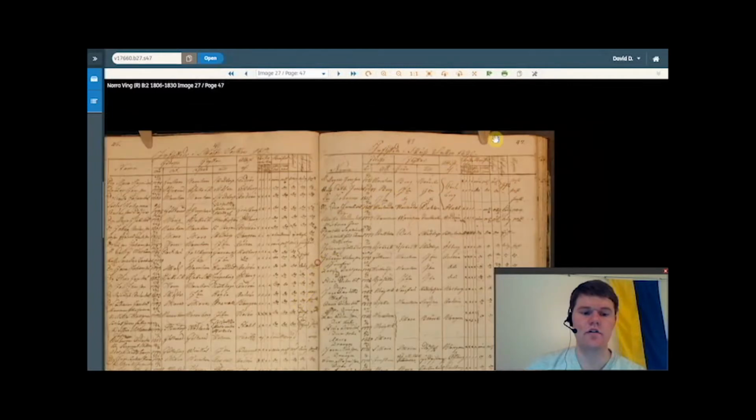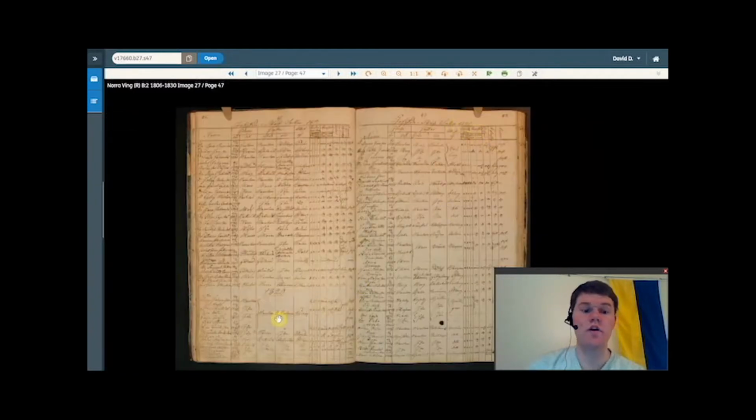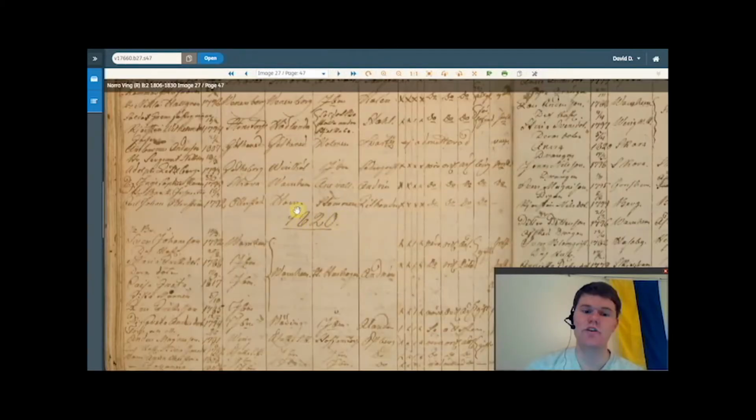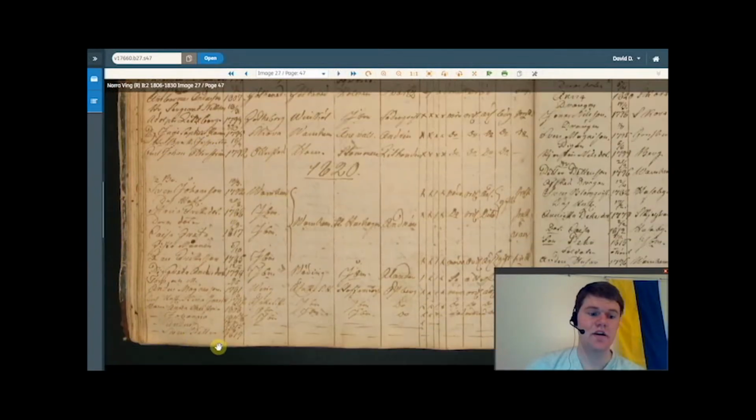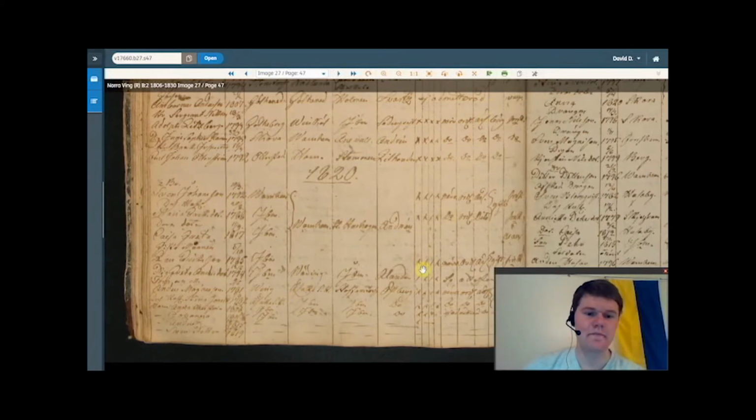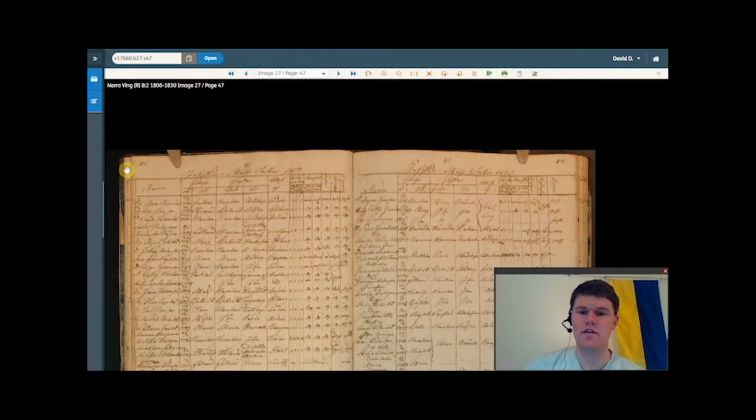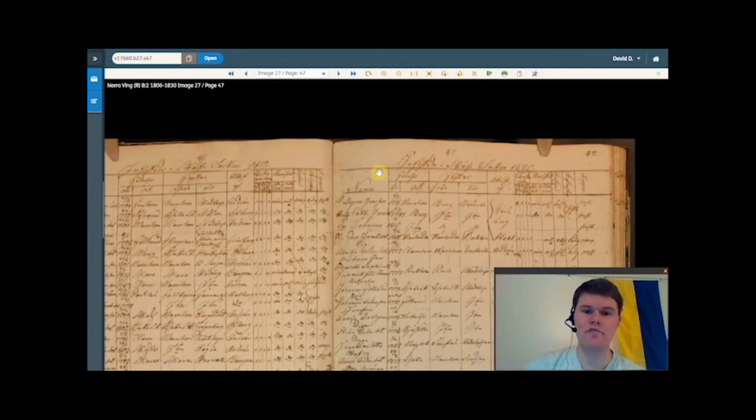Let's make sure that this is the beginning of 1820. No, it's not. See right here? We want to make sure to not forget these people right here. Because if she was right here, which she's not, we'd be looking all over for her, and it turns out she's just right here. In this book, it's the moving in on the left and on the right side.